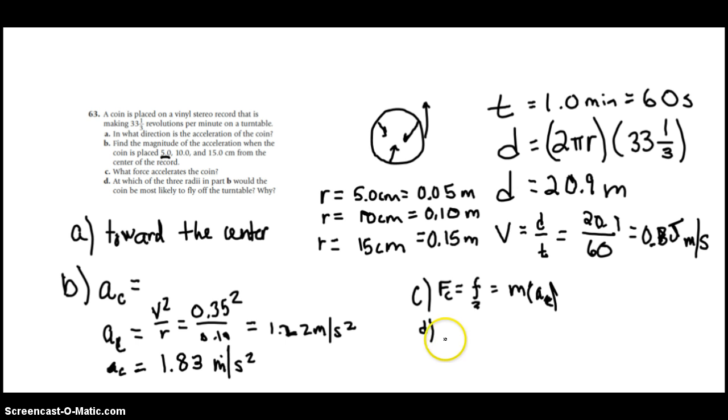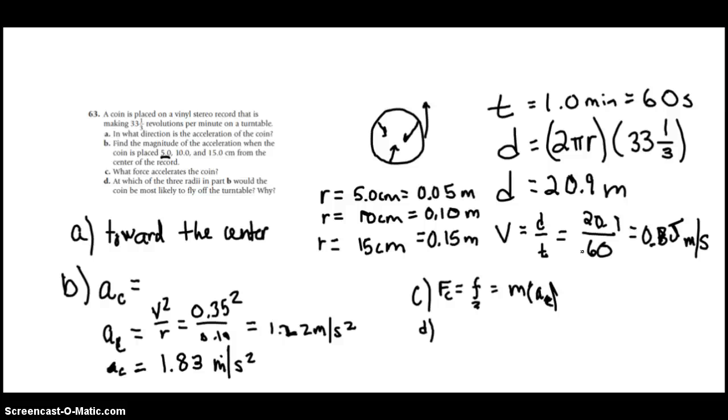For part D, they're asking which of the 3 radii would the coin most likely be flying off the turntable, and why. I guess you just have to think of this as which scenario would the turntable have a harder time holding on to the coin.